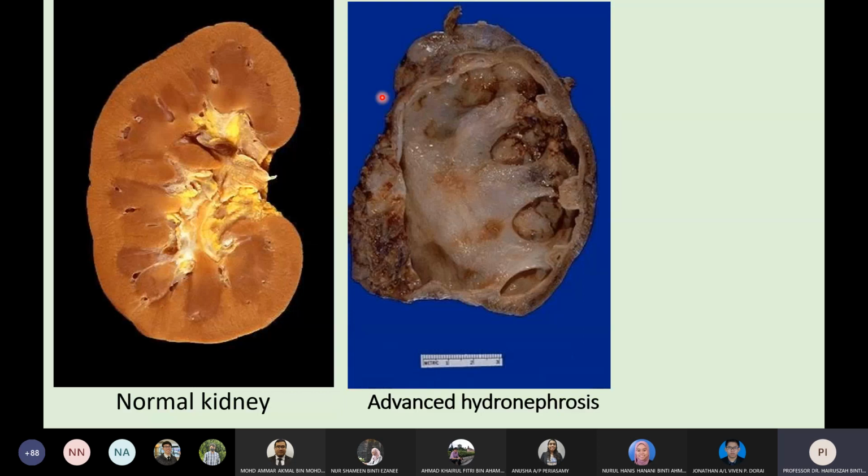Formation of stones. This is grossly dilated. But when you cut, you see solid tissue. Like here, it's like a space. There's no tissue here. It's just compressed tissue, very thin. This is what remains of the medulla, right?